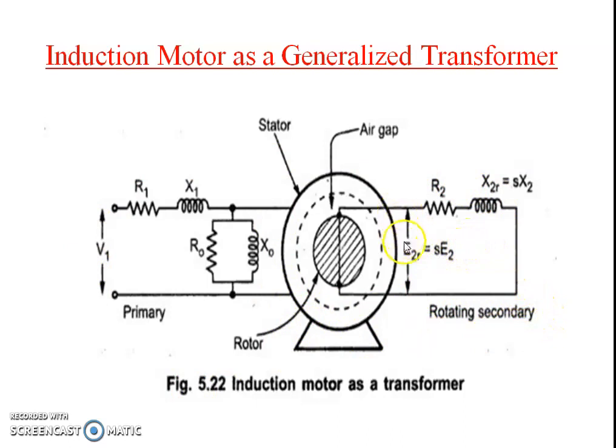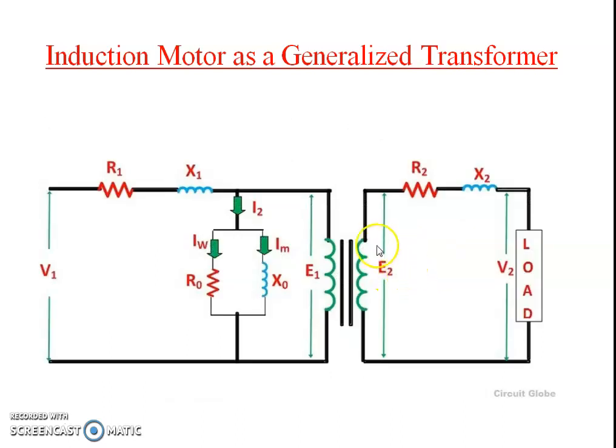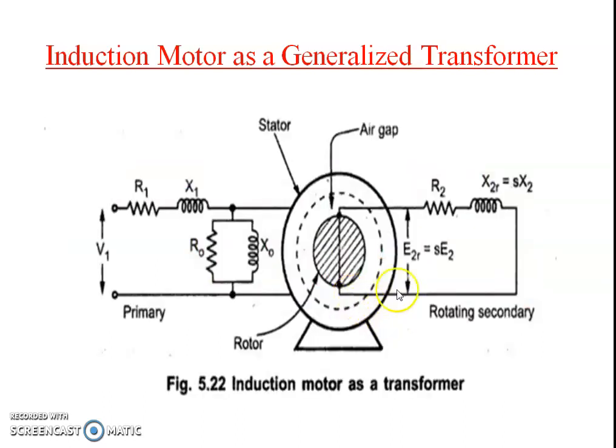So for this rotating secondary, E2R is the induced EMF in running condition. Here E2 means the induced EMF of the rotor at standstill. E2R, the induced EMF in running condition of the rotor, is equal to slip into E2, as we have seen in previous lectures.